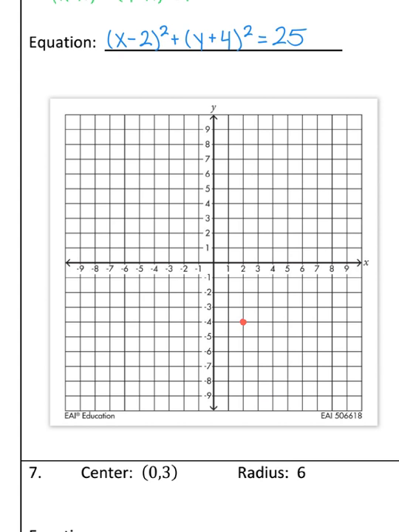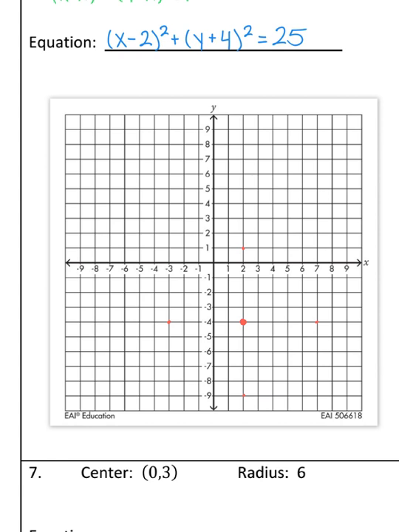So I'm going to start at my center and go up 5 spaces, put a little dot there. I'm going to go right 5 spaces, put a little dot there, down 5 spaces, put a little dot there, and left 5 spaces, put a little dot there.